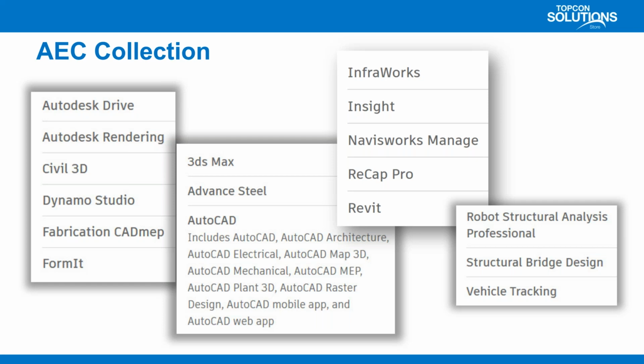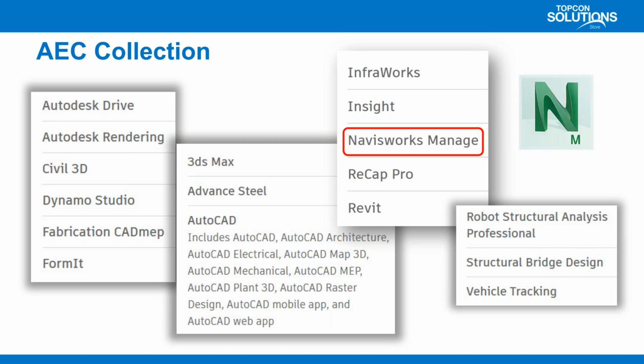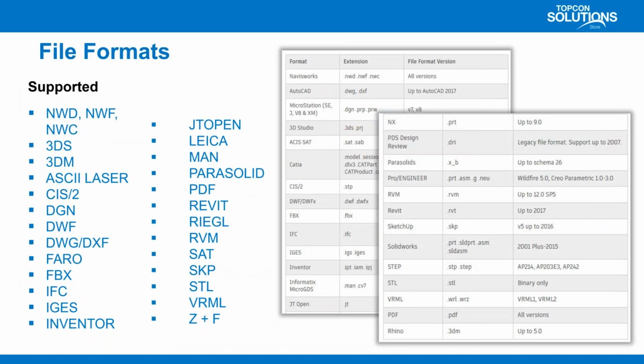Starting out for today, I'm sure all of you know that Navisworks is one of the largest adopted software in the construction industry. A big portion of that comes from the capability it has to support different types of files.